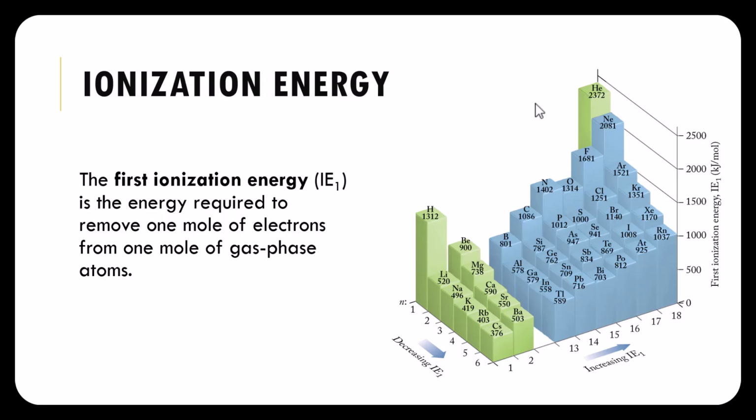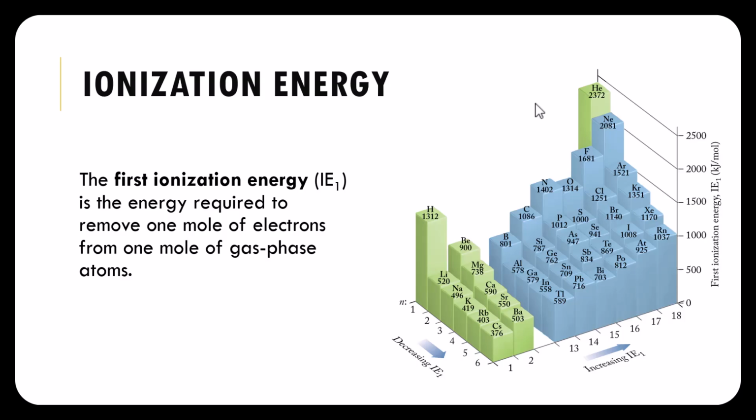So something that is fine with getting rid of an electron is going to have a very low ionization energy. With the ionization energy being low, it does not take a lot of energy to remove that electron. So low ionization energy, fairly easy to take that electron away.